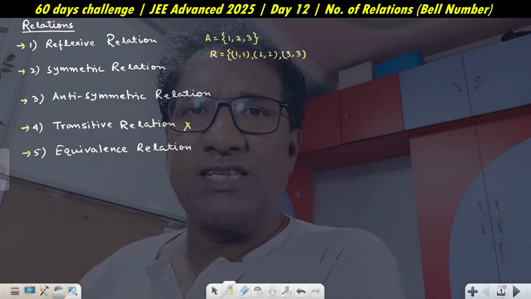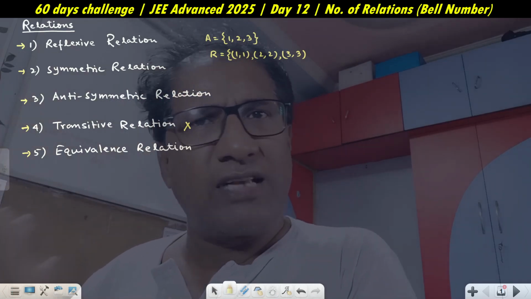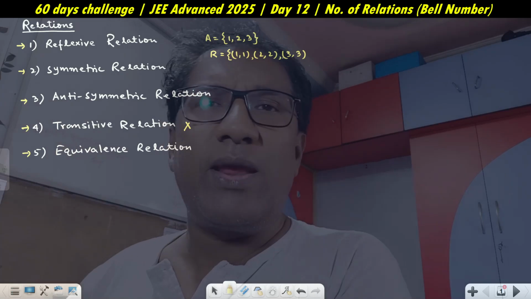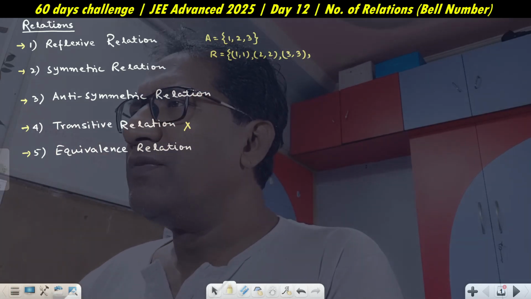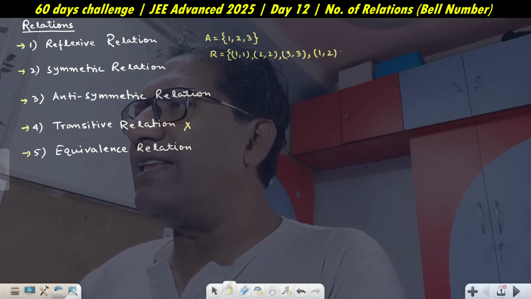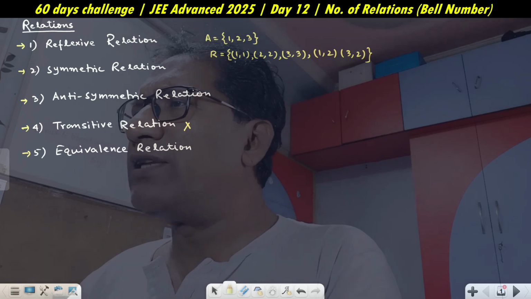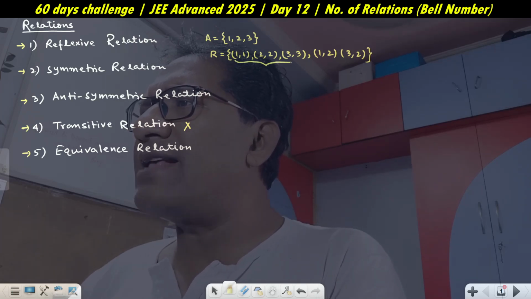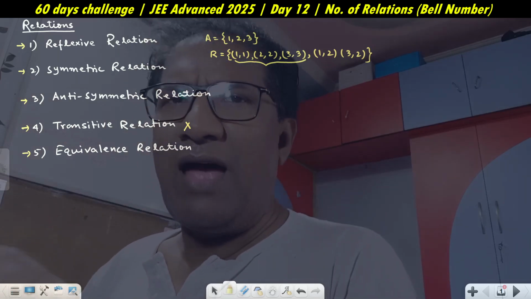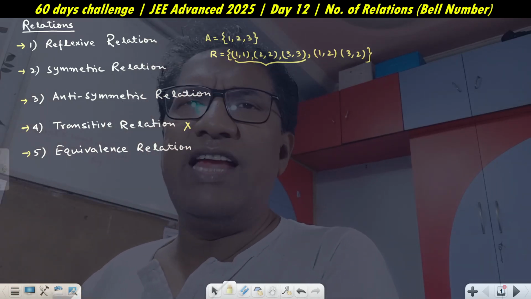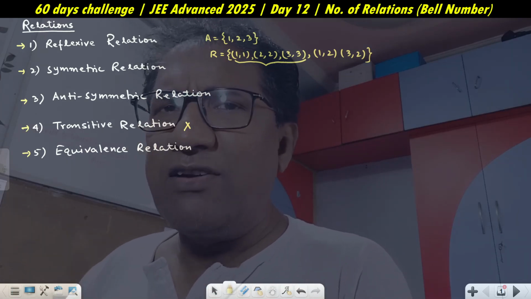Other than this, there can be other ordered pairs also, doesn't matter. But these three pairs must be there. I am not concerned about the others; I am only bothered that since your A has 1, 2, 3, their ordered pairs are there. So this relation is a reflexive one.